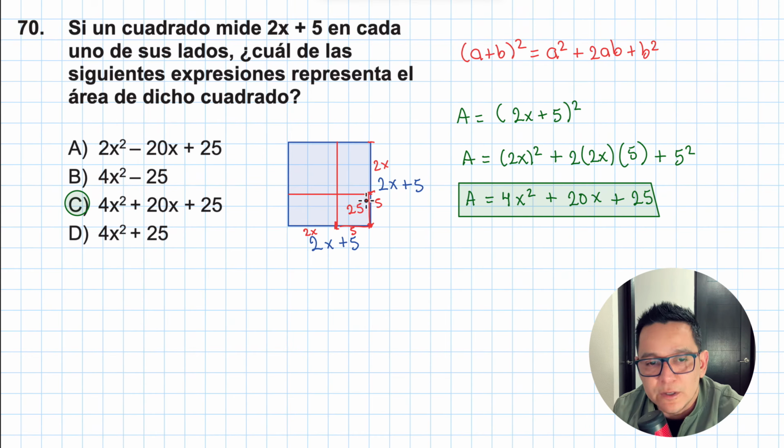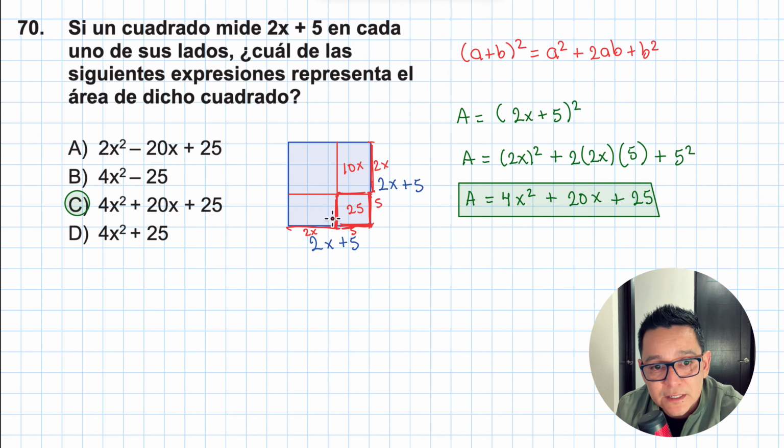Right? Now, what is the area of this region? Well, if this measures 5, then this also measures 5. Now, if this measures 2x, then I would have 5 times 2x, which is equal to 10x. Now let's look at this region. Here we have that this measures 2x and the height is 5, right? Isn't this the same thing?